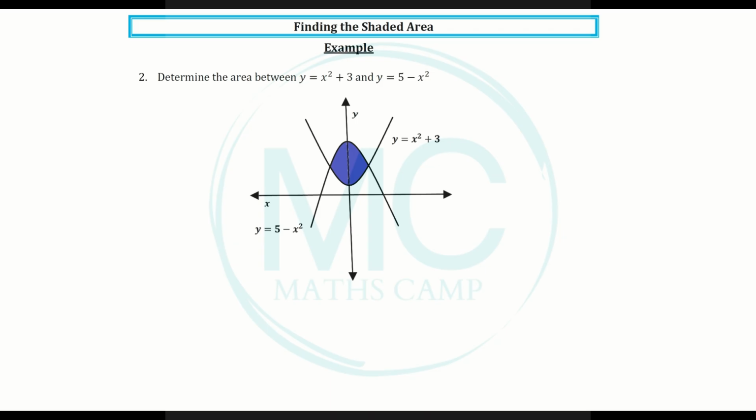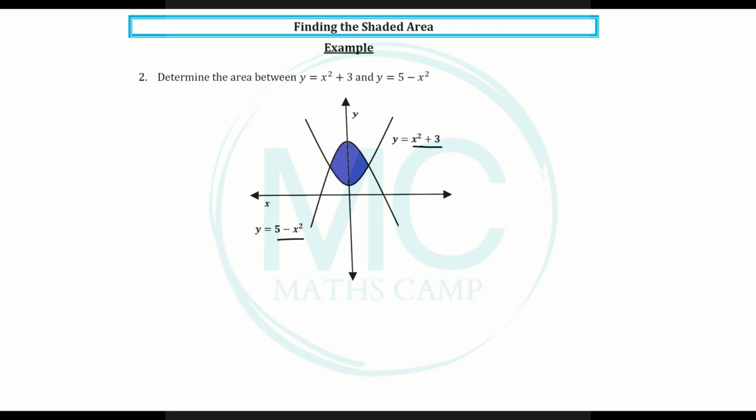So in this case, x squared plus 3 is our smiling face, and 5 minus x squared is our frowning face. And we can see in our diagram, the area lies between the frowning face and the smiling face. But again, we do not have our x restrictions, so we need to find our point of intersection.